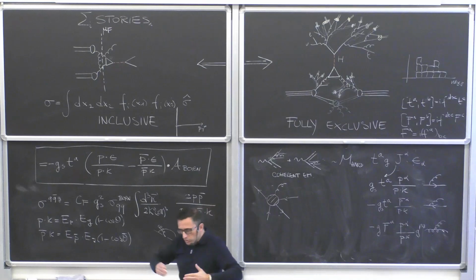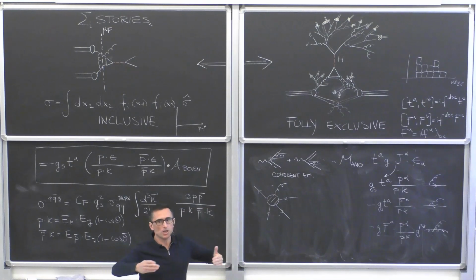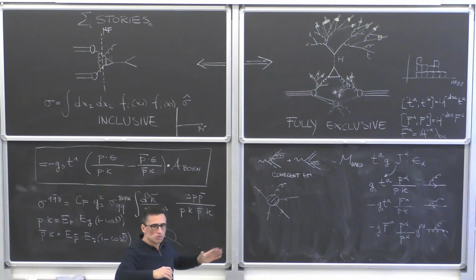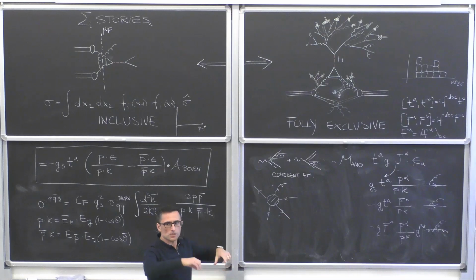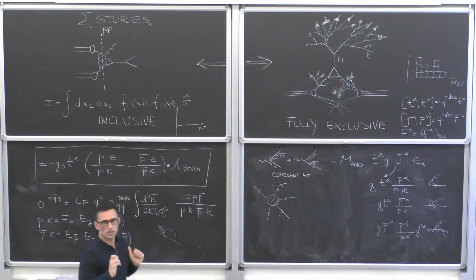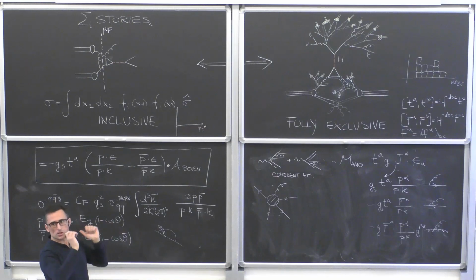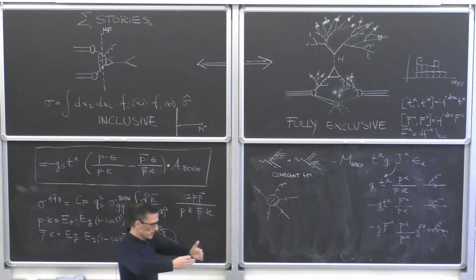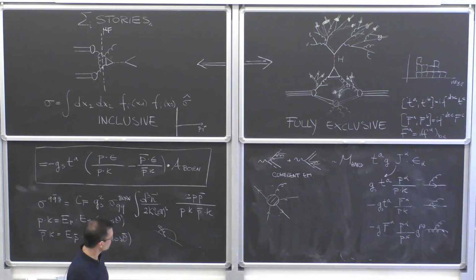By doing this recursively, of course, this will work if at each step the gluon is softer than the gluons that I had before, because this is a soft limit in a step-by-step process.